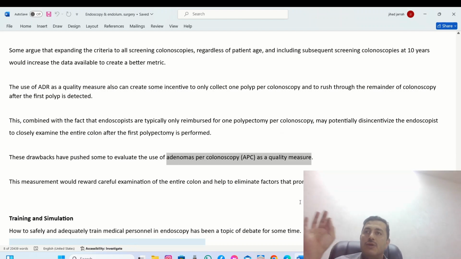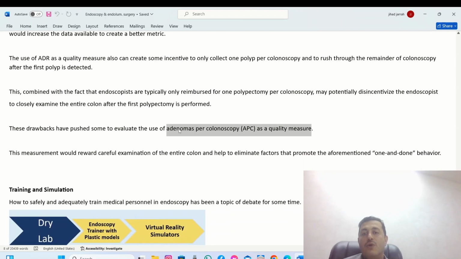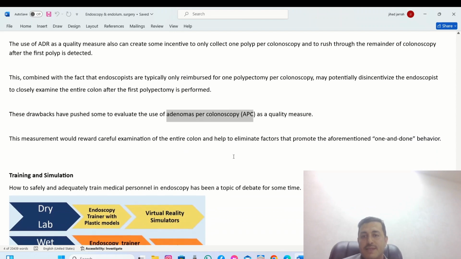How many adenomas do you collect during a first time screening colonoscopy for a patient over 50? This will fight against the detection of one adenoma and withdrawing the colonoscope, and is called adenoma per colonoscopy, or APC.